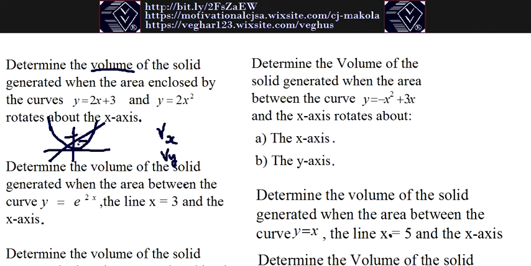If you put it this way, that means it will be dx, and if you put it the other way, it's dy, not dx. And if you put it the other way, this one is a shell method.